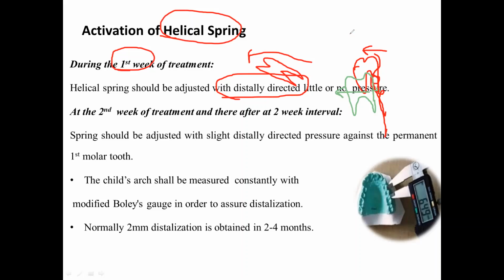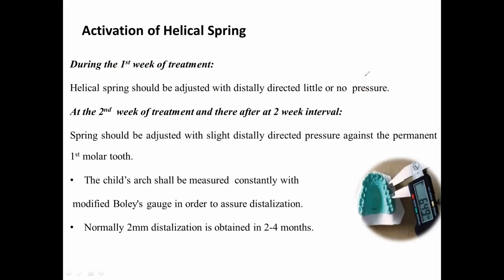Let me draw it again to be more clear. You see, this was the first time when the patient came to us. Now, after a week of activation, the patient has come to me or you. We need to activate the appliance. What is the purpose of activating the appliance? Because we need the appliance to efficiently work on the tooth. You see here, it was here before. Now the tooth is distalized a little and it has gone over here.